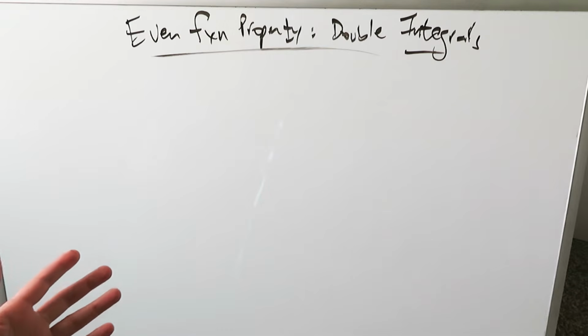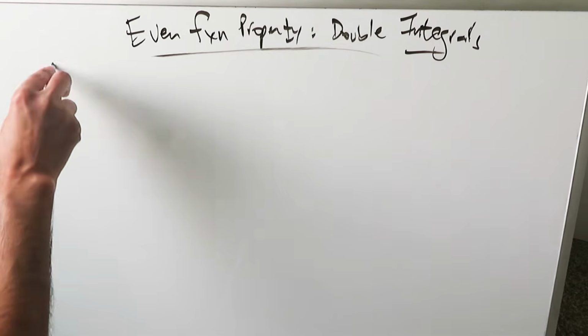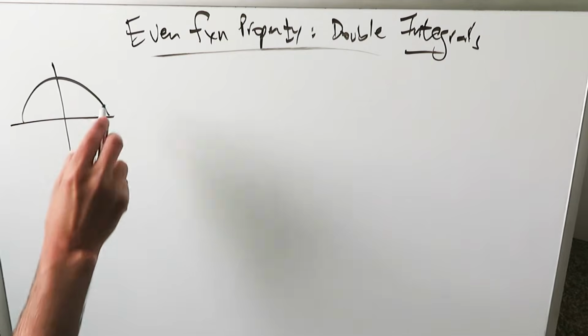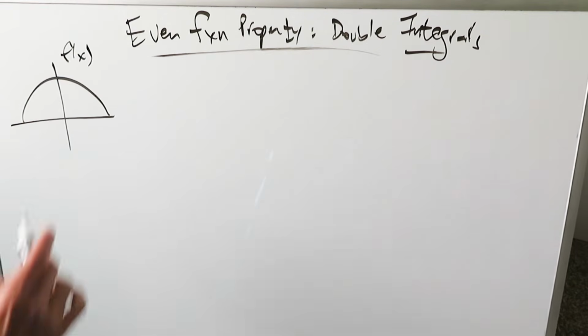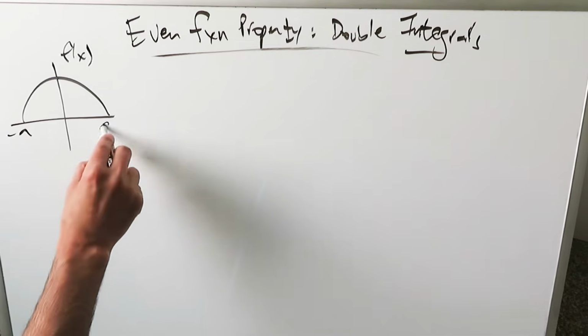We know the even function property is very applicable to integrals in terms of a handy and useful property. In terms of single integrals, a good representation could be like this. For an even function, this right here is f of x. You would have to have a y-axis symmetry with symmetrical limits minus a to a.